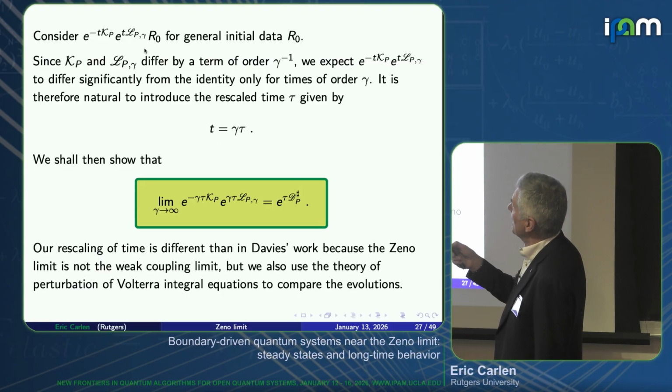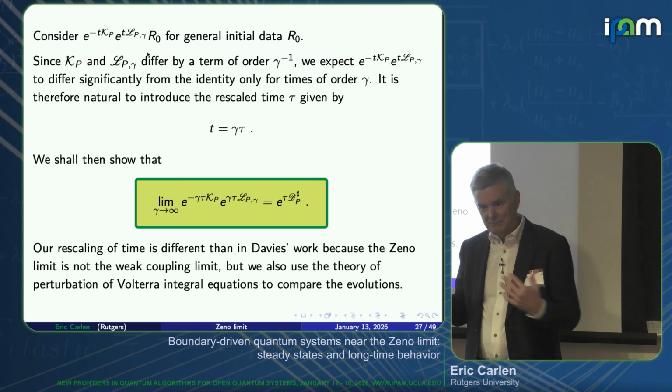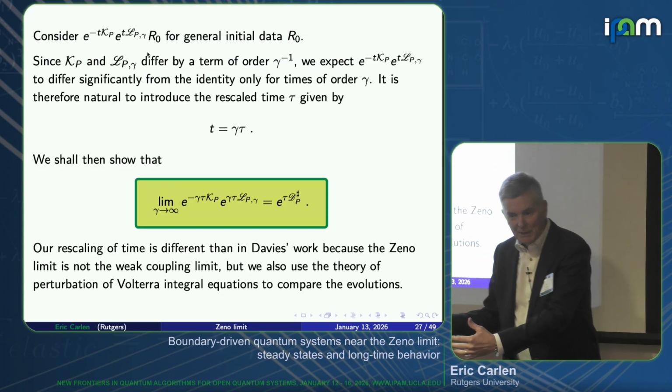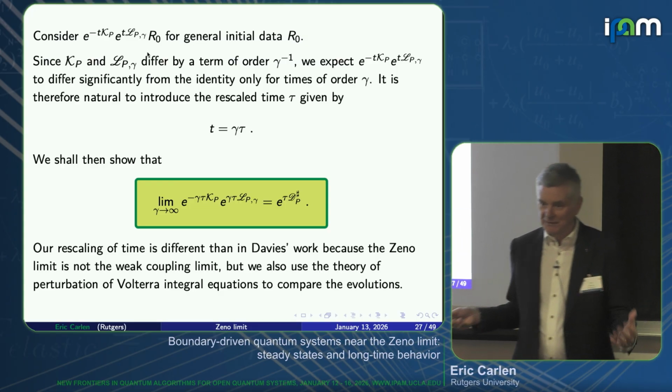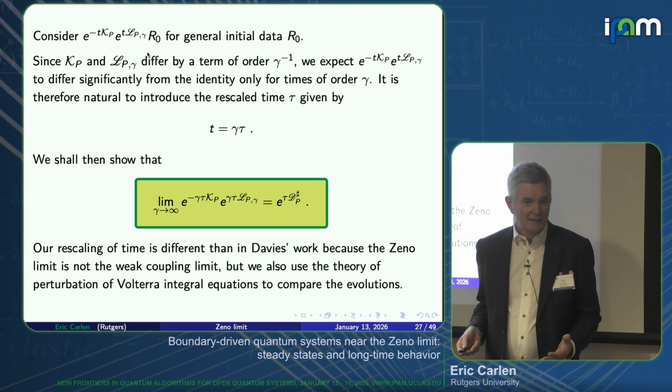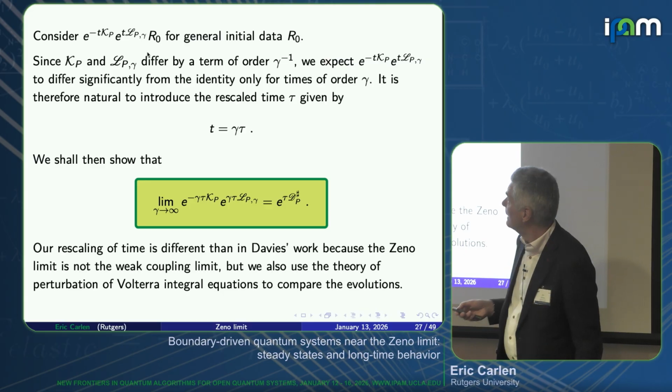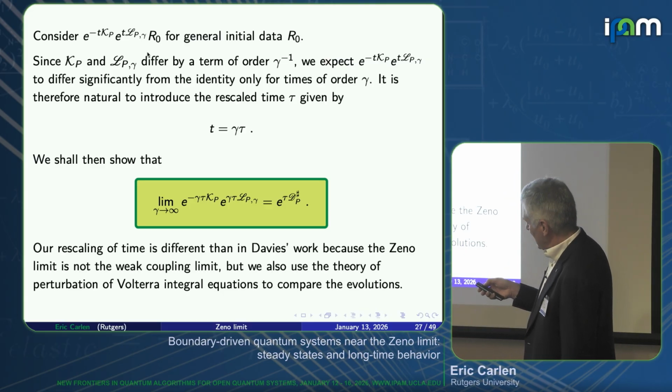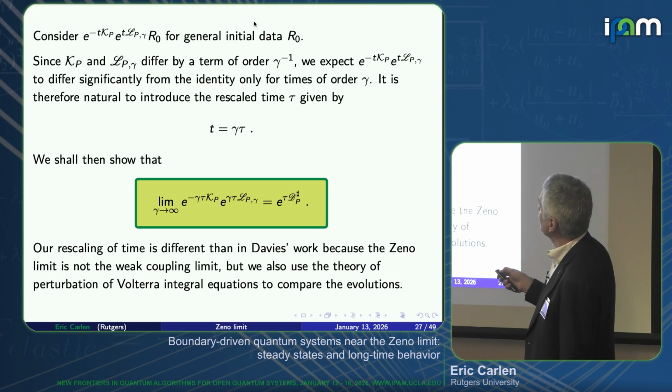You take your R naught and you run it forward under the projected Lindbladian, and then you run it backwards under the coherent evolution, and then we want to let gamma go to infinity and see what we can say about that. Now, K_P and the projected evolution differ by a term of order gamma inverse. So you would expect this thing to differ significantly from the identity only at times of order gamma.